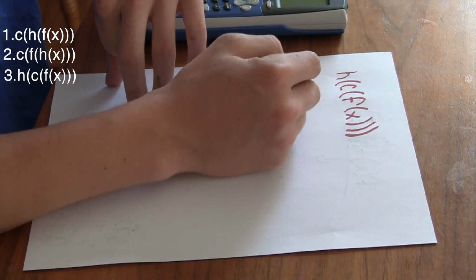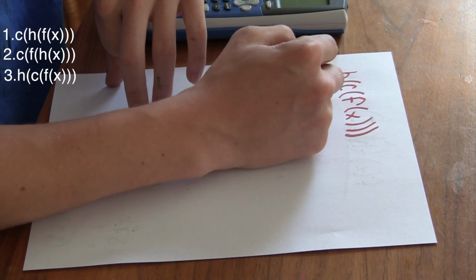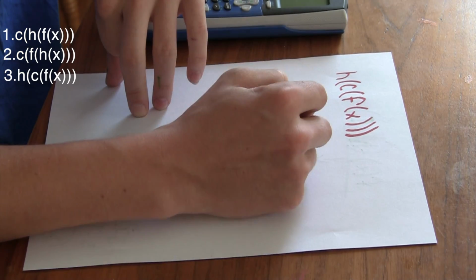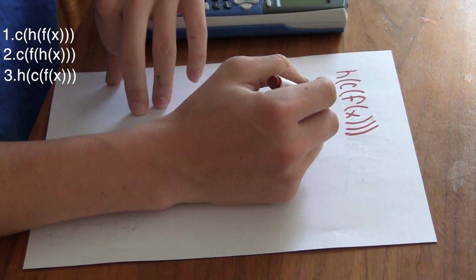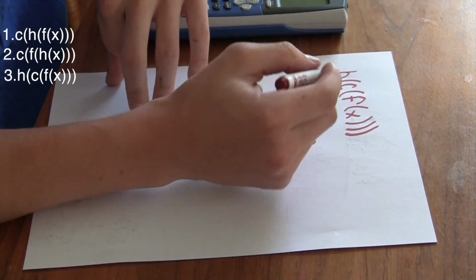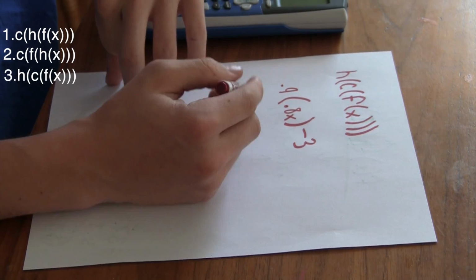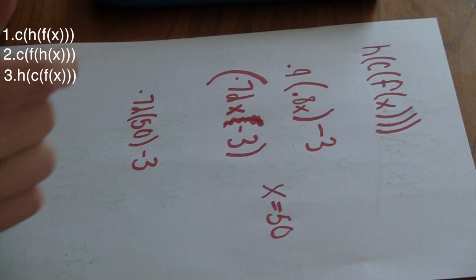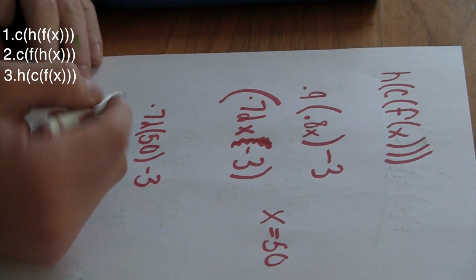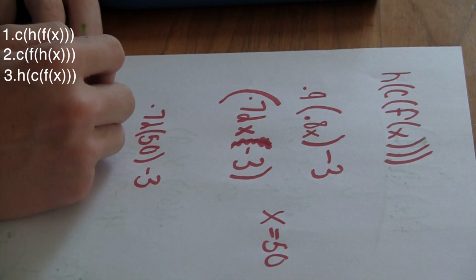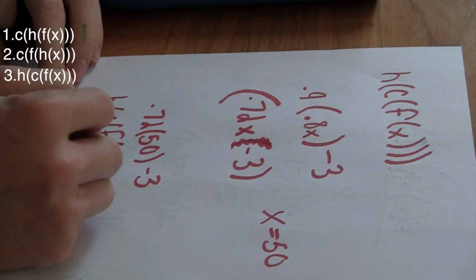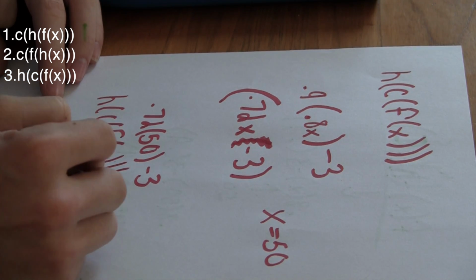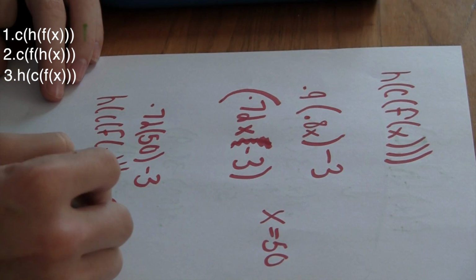The next function I'm going to do is h of c of f of x, and I will quickly write it out for you. The function h of c of f of x is equal to $33.00.